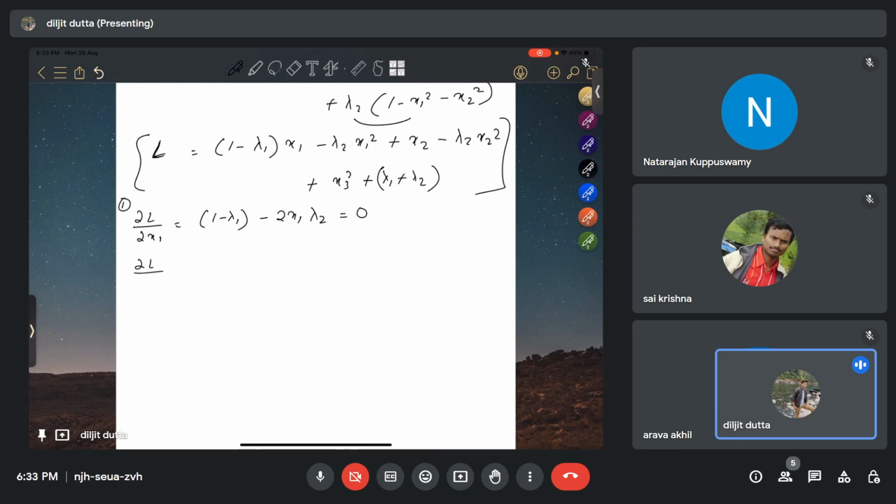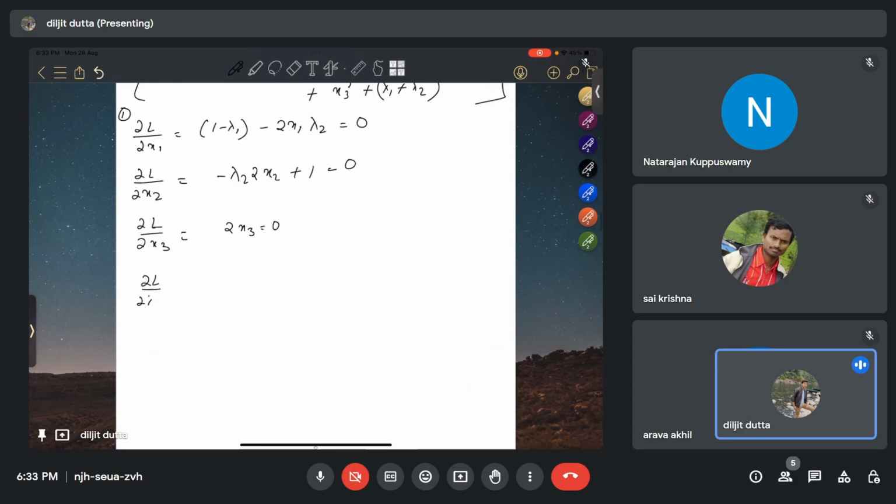Del L by del x2 is 1 minus lambda 2 into 2x2. Del L by del x3 is 2x3 is equal to 0.